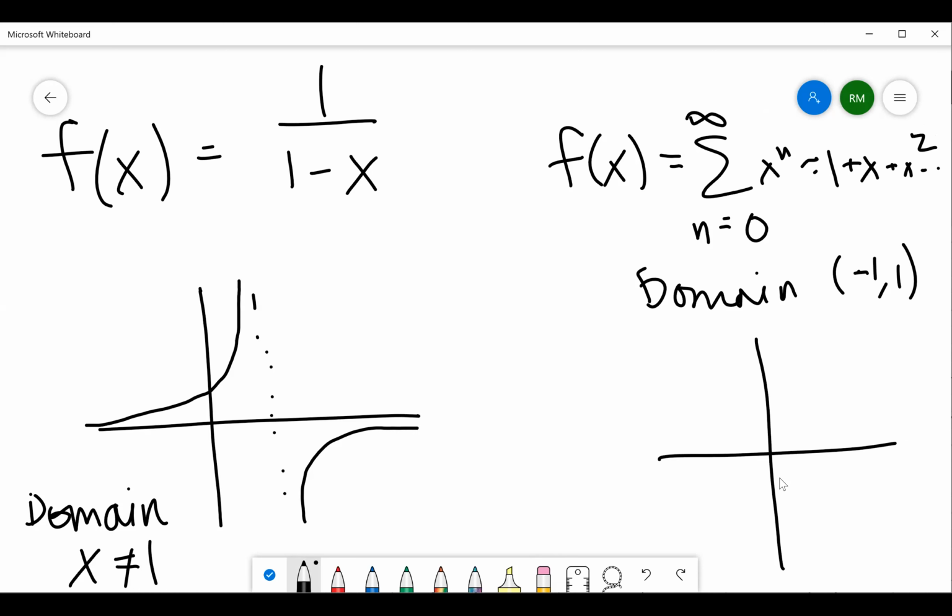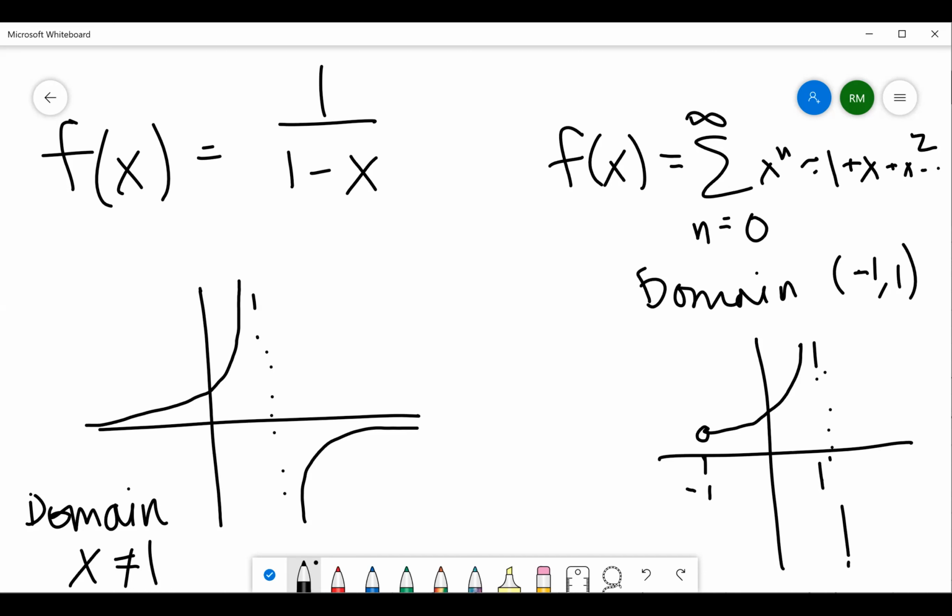So that series right there, you still have this vertical asymptote, but the series only goes like this. That's -1, and that's 1. So we see that our infinite series has a much smaller domain than our function did to begin with.